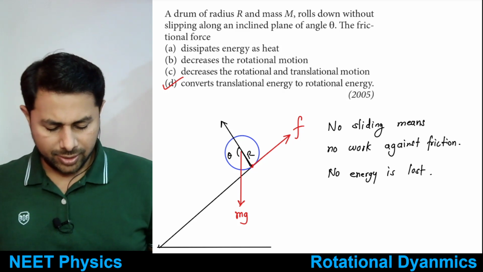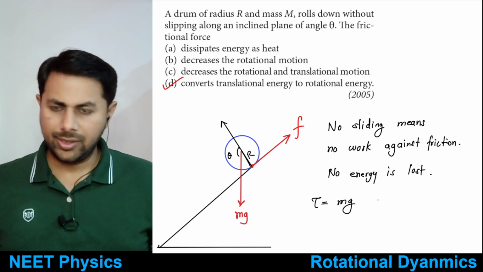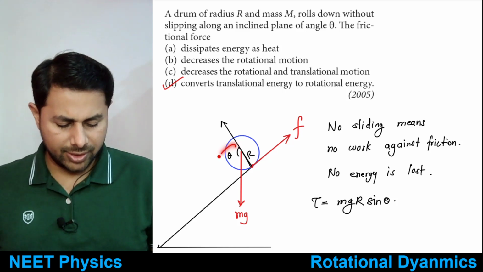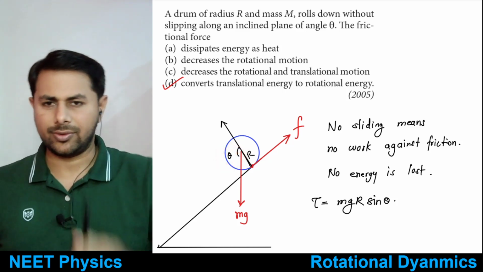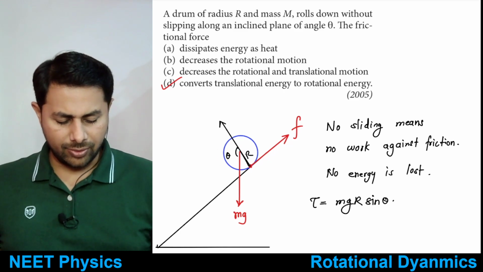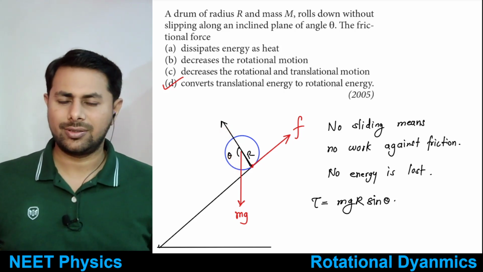So there is some torque due to the gravitational force. Tau is equal to mg multiplied by r sine theta, and because of this, it rolls down. Do r cross F, and you can see that it will roll in this anti-clockwise sense.